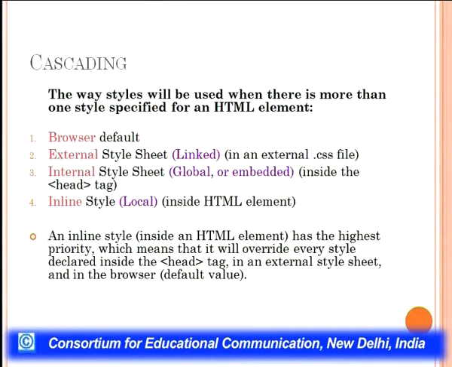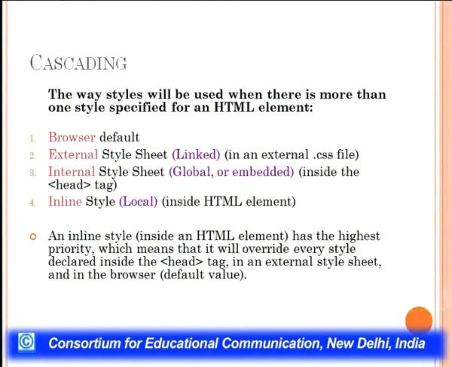First is the browser defined, that is the default style. Then you have the external or the linked style sheet when you use the .css file. Then you have the internal or global or embedded, that is inside the head tag of the HTML. And the fourth is the inline or the local style which you use within the HTML element.